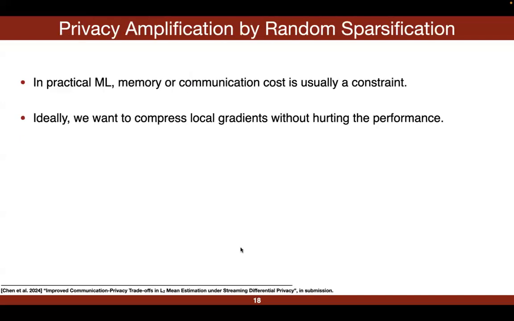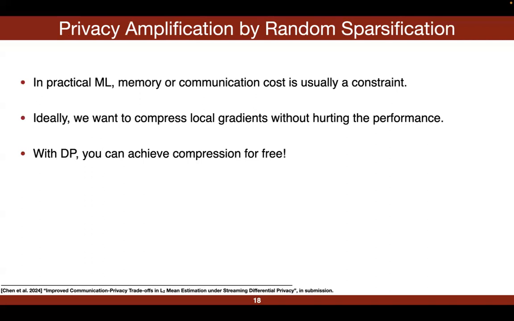Okay, so in the last part, I wanted to talk about the privacy implication of random sparsification in these matrix mechanisms. In practice, memory and communication cost is usually a bottleneck for training large models. So ideally, we want to compress local gradients, and hopefully not hurt the performance by too much.